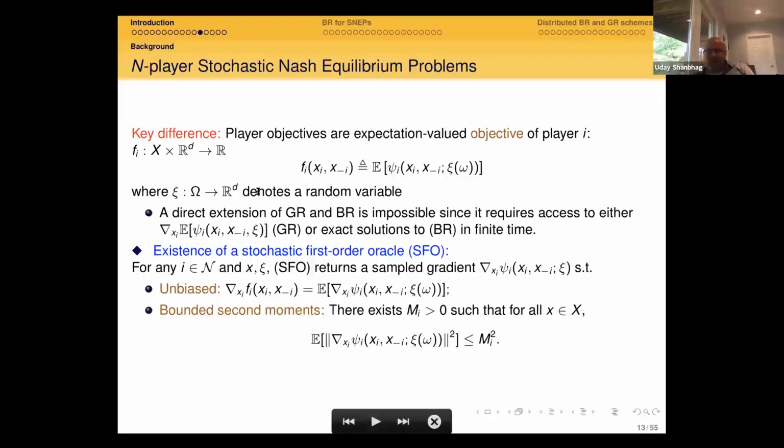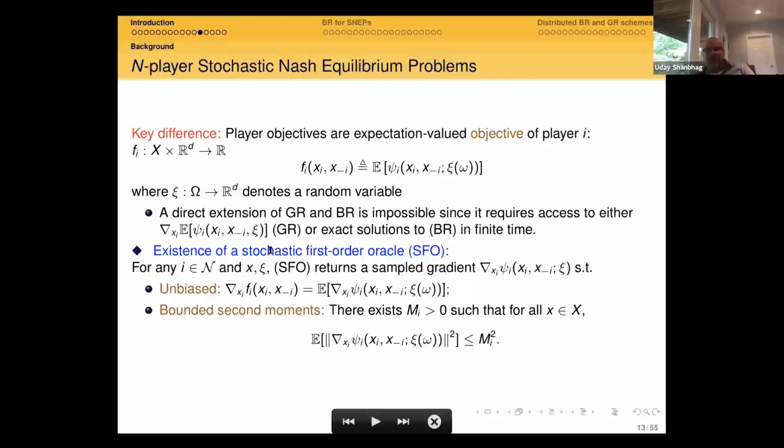One of the challenges with this analog of a non-cooperative game is that a direct extension of gradient response and best response is challenging, because you need access either to the gradient of the expectation in closed form, or exact solutions to the best response in finite time. If the expectation is defined over some general measure space, these are generally hard to provide.